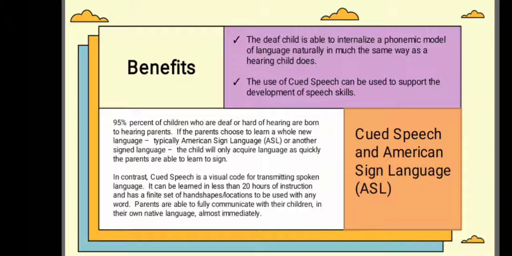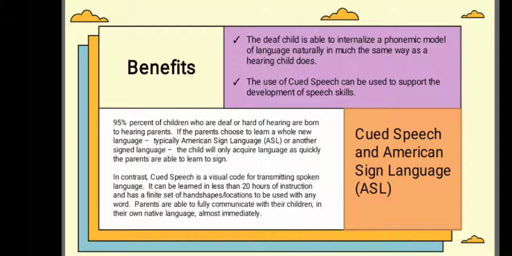And for cued speech and American Sign Language or ASL, 95% of children who are deaf or hard of hearing are born to hearing parents. If the parents choose to learn a whole new language, typically ASL or another sign language, the child will only acquire language as quickly as the parents are able to learn to sign.